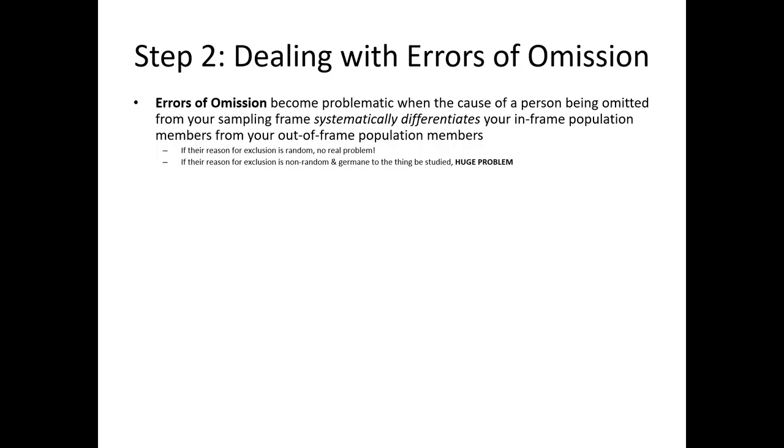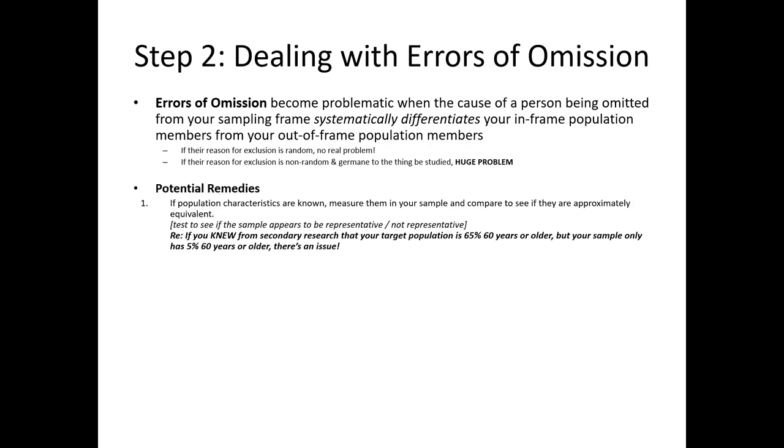So what are some of the ways that we could deal with these types of problems? First, we should at least try to check, if possible, whether or not the errors of omission even are an issue. For example, we may know the demographic composition of the people in the population. We may also be lucky and have demographic information of the people in our sampling frame. We can compare those two.